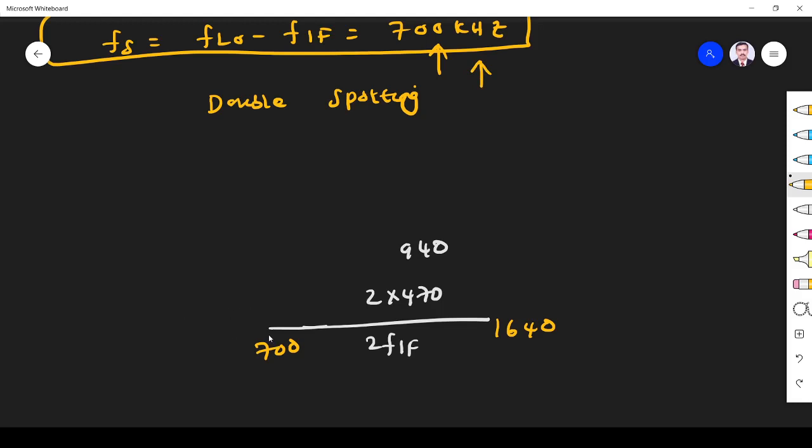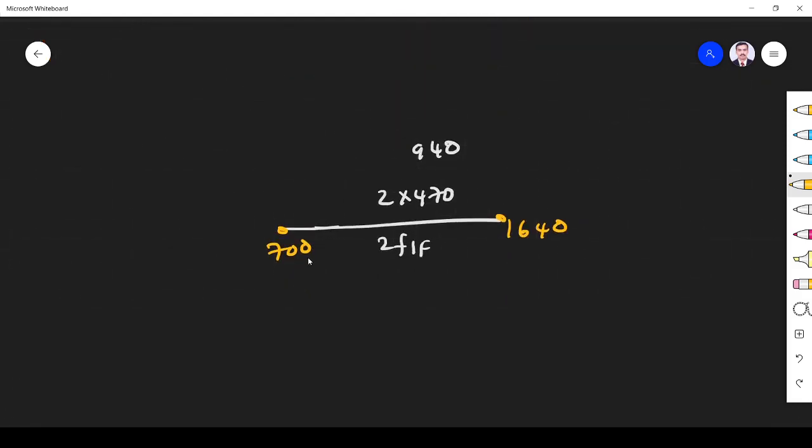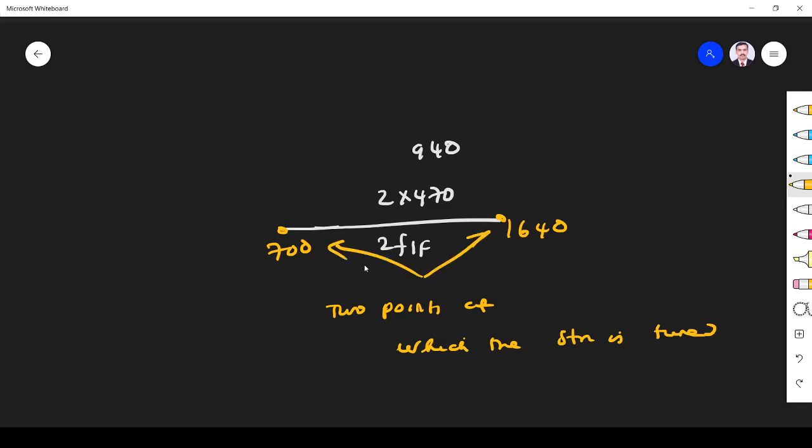Here you see 2 points at which the station is tuned: 1640 and 700. This is called double spotting.